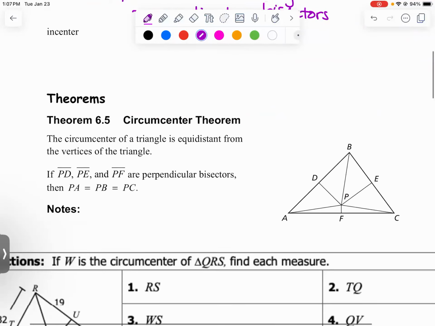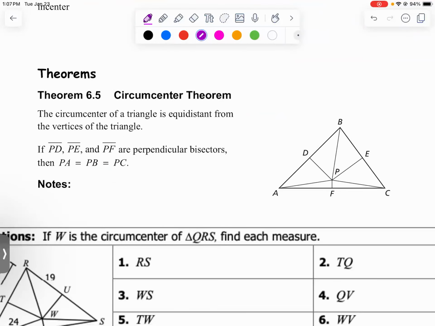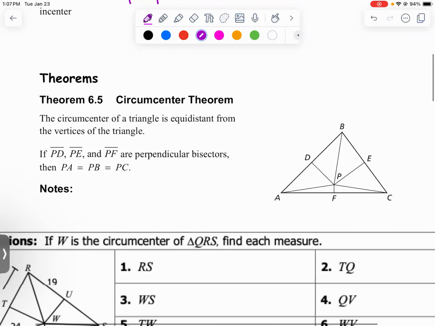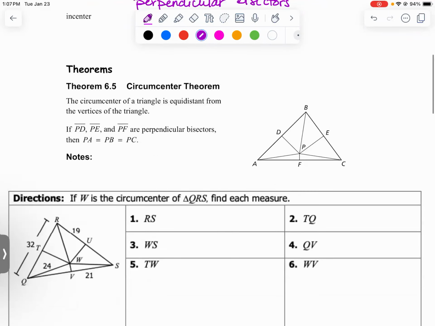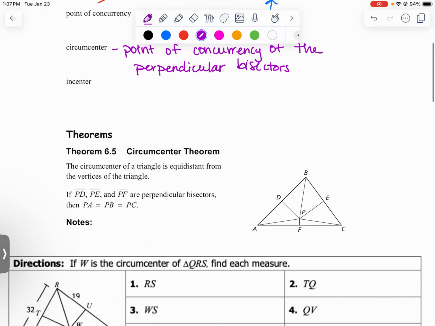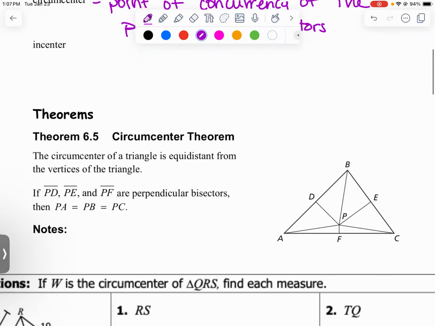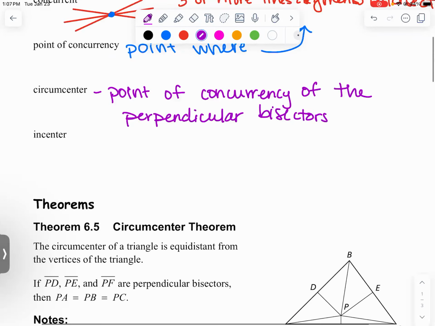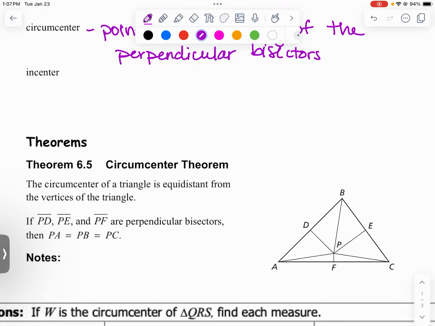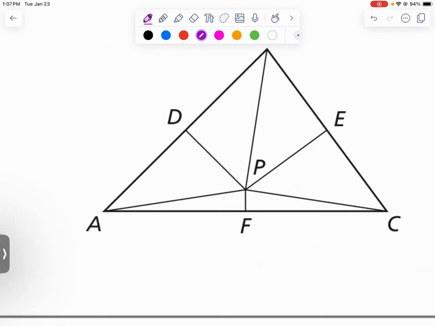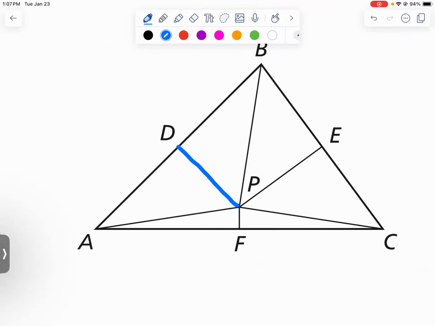So below here, and we'll come back to the incenter, but below here we have the circumcenter. So the circumcenter, we said, is where our perpendicular bisectors are intersecting. So in this triangle, all of these that I'm highlighting in blue are perpendicular bisectors of the sides of this triangle.